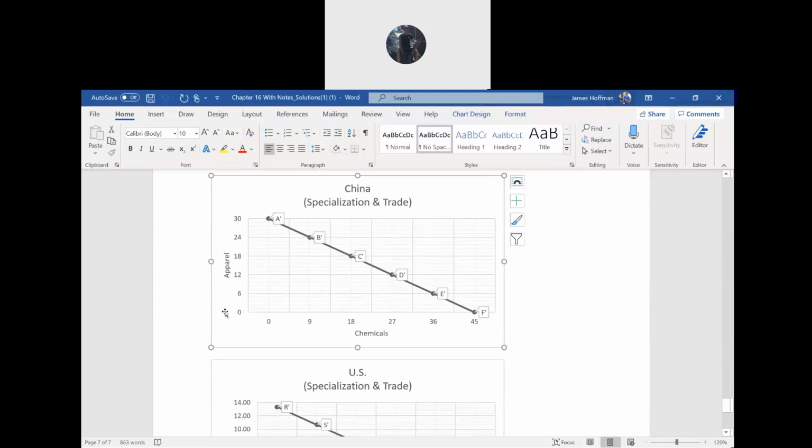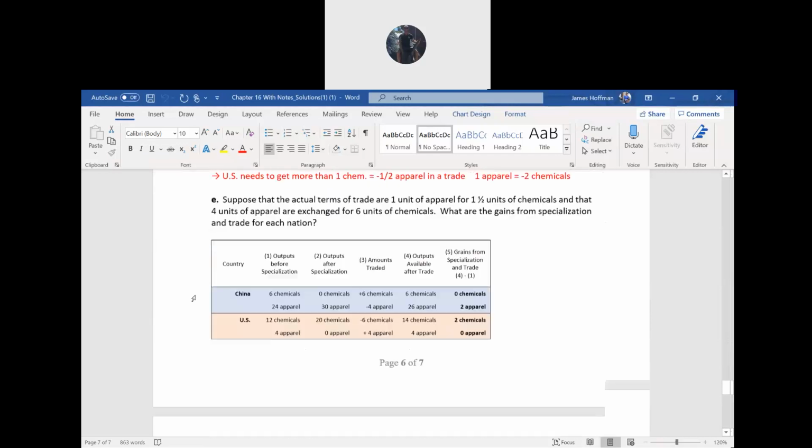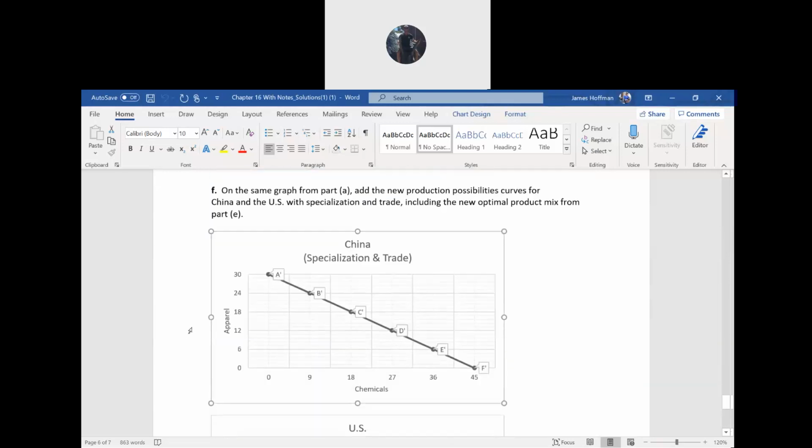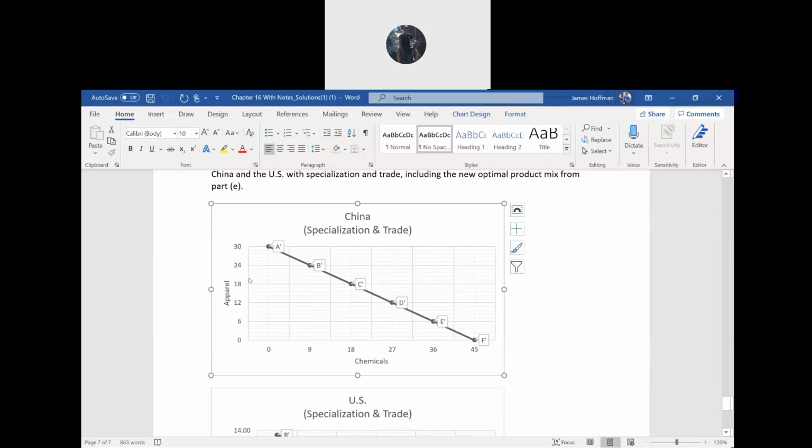But they could trade any of those apparel that they don't want to keep for chemicals at one apparel equals 1.5 units of chemicals. So they could trade any unit of apparel for 1.5 chemicals. And that's what this shows here. So here's 30 apparel.